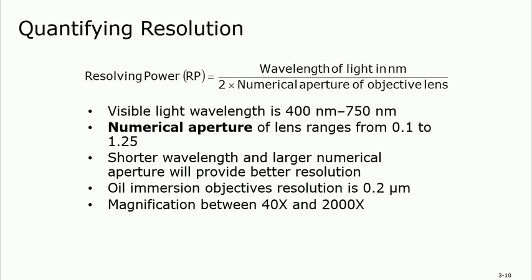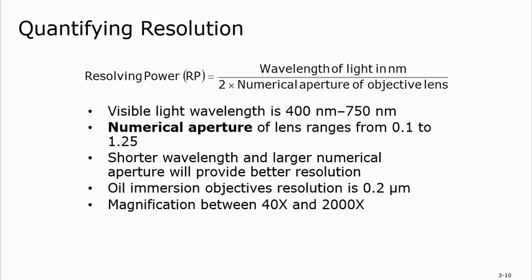So wavelength, normally the wavelength will go somewhere from 400 to 750, and the numerical aperture, which is of the lens, meaning how close the points are to each other. It can be from 0.1 to 1.25. Every lens is different.